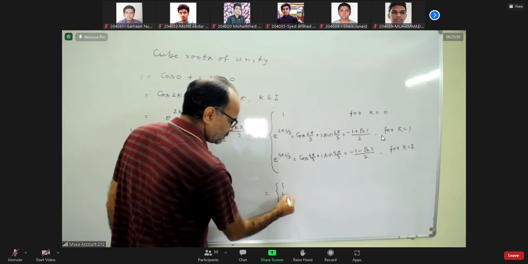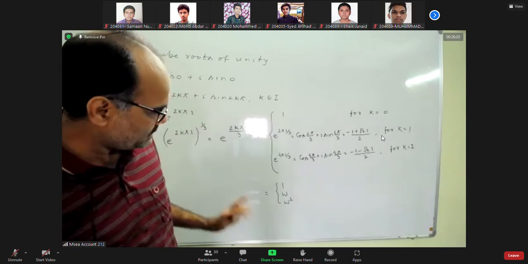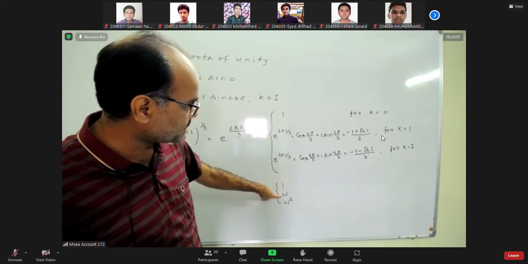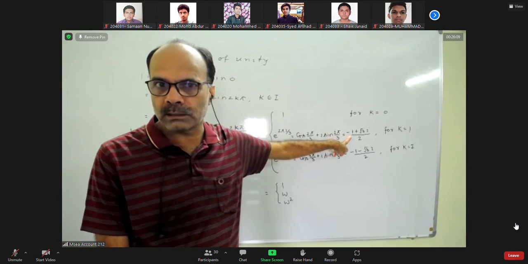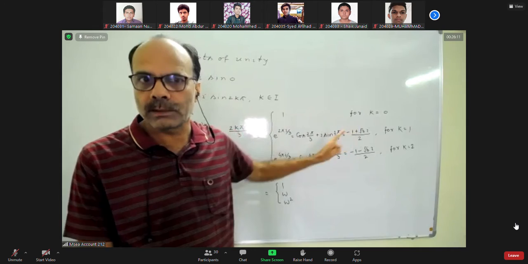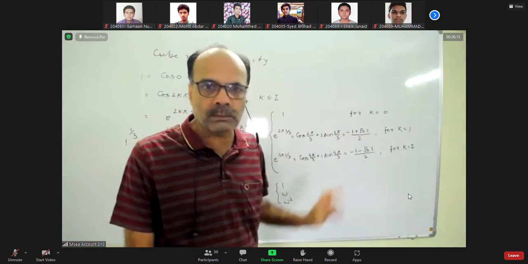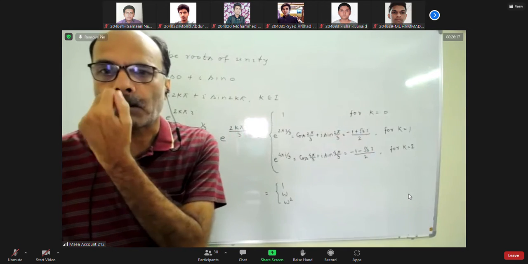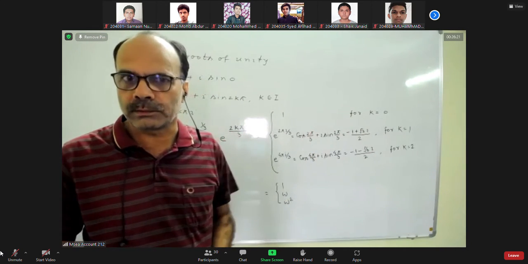Now, in general, omega stands for minus 1 plus root 3 i by 2. Omega square stands for minus 1 minus root 3 i by 2. So these are 3 cube roots of unity.